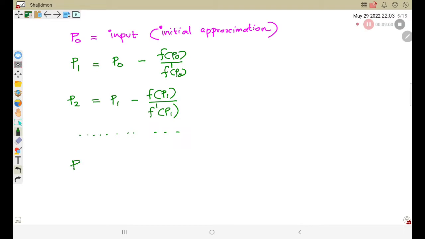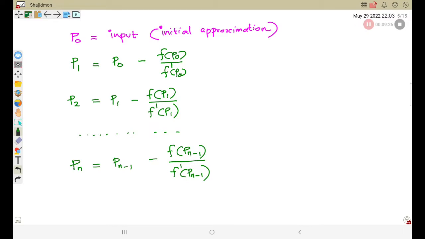Lastly, generally Pn equals Pn minus 1 minus f value at Pn minus 1 divided by f dash value at Pn minus 1, provided that f dash of Pn minus 1 should not be equal to 0. So these are the conditions, this is the idea in Newton's method.